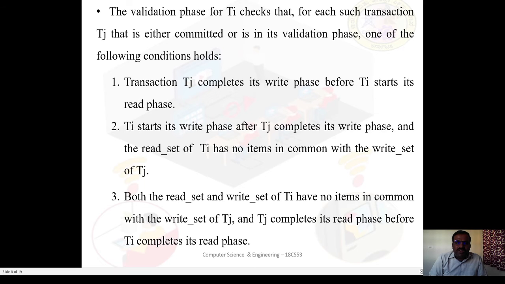And the third condition is both the read_set and write_set of Ti have no items in common with the write_set of Tj, and Tj completes its read phase before Ti completes its read phase. These are the conditions of the validation phase.